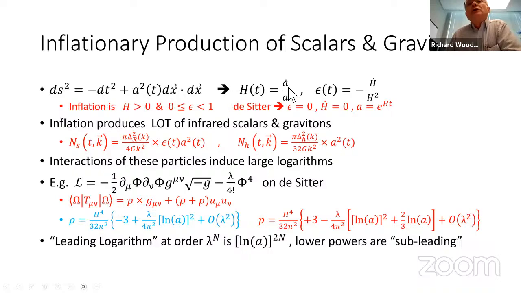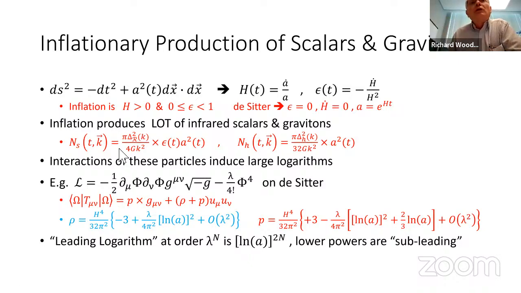Hubble parameter is a dot over a, and first slow roll parameter is minus h dot over h squared. Inflation is defined as positive expansion with first slow roll parameter between 0 and 1. And the special case of de Sitter is epsilon equals 0, which makes h exactly constant and a grow like e to the ht.